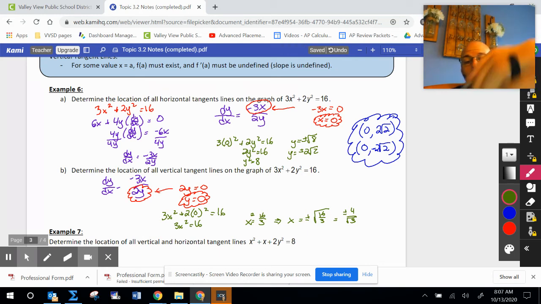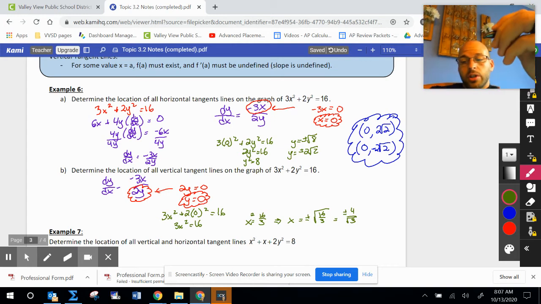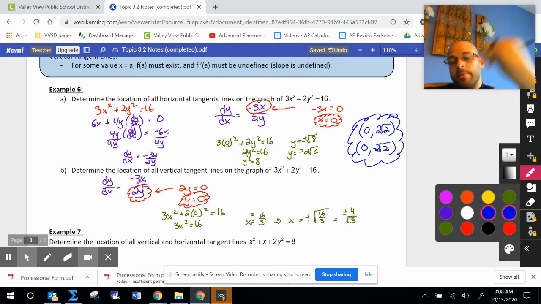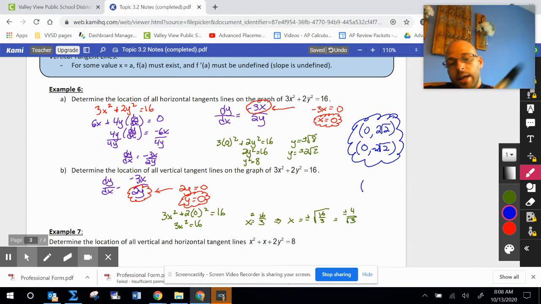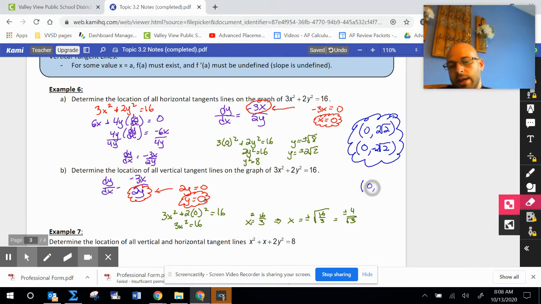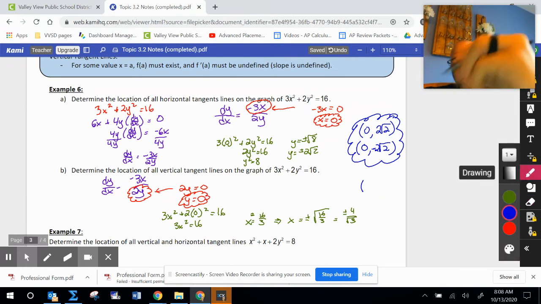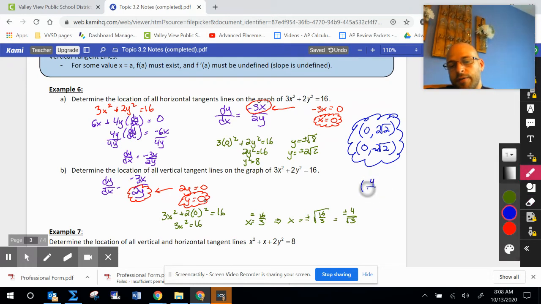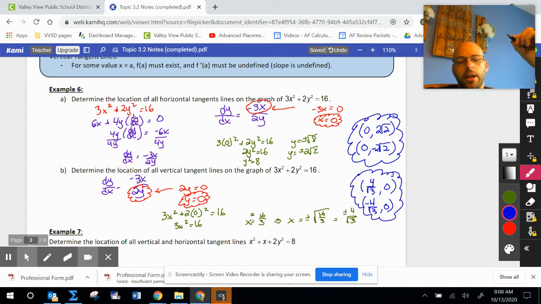So I know my x and y values now. To write my answer, vertical tangents at 0, I'm sorry, that was the y value. Let's write that correctly. X first, always x first. A positive 4 over square root of 3, comma 0, and a negative 4 over square root of 3, comma 0. These are the locations of my vertical tangents.